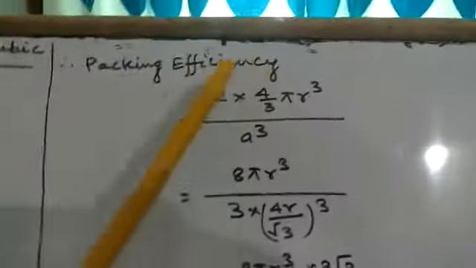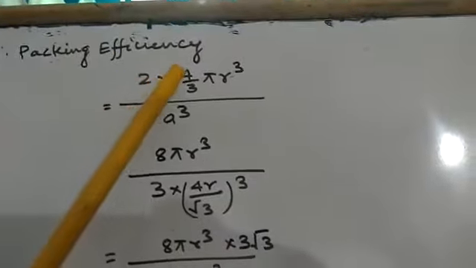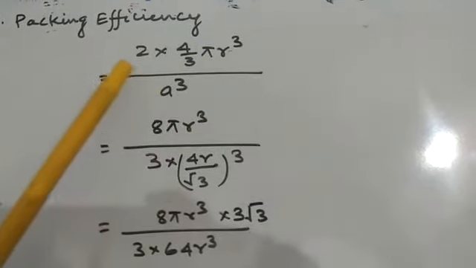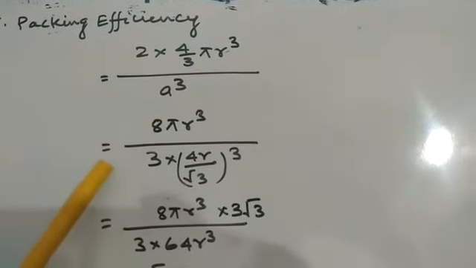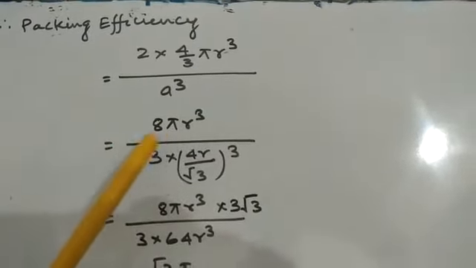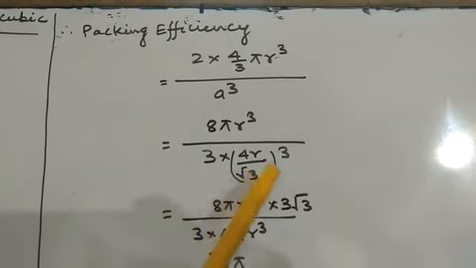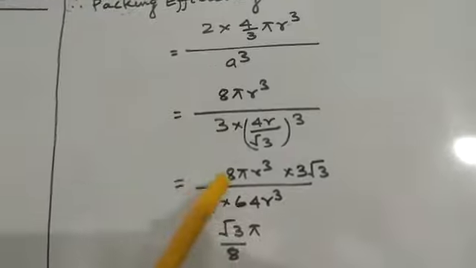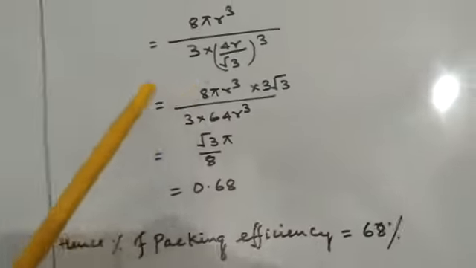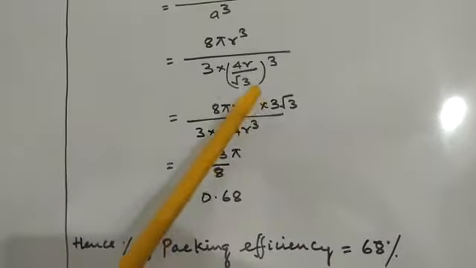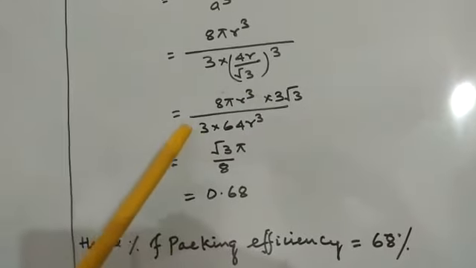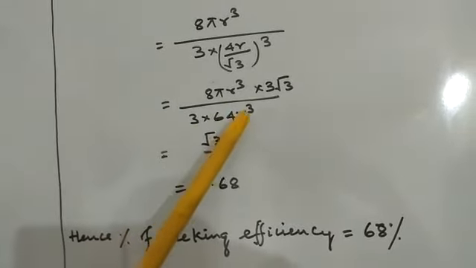Therefore, packing efficiency is equal to 2 into 4 by 3 pi r cube divided by A cube, which is equal to 8 pi r cube divided by 3 into (4r by root 3) to the power 3, equal to 8 pi r cube into 3 root 3 divided by 3 into 64 r cube.